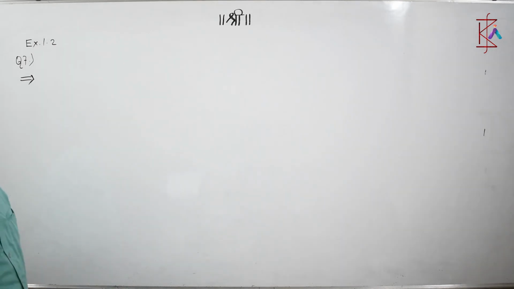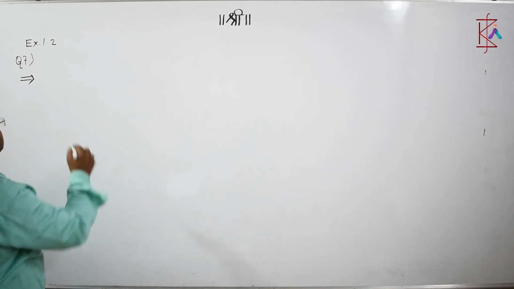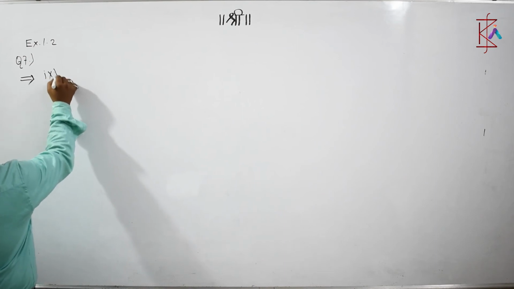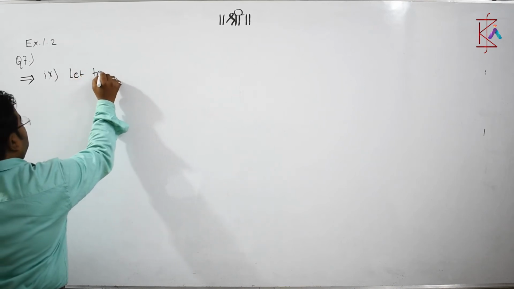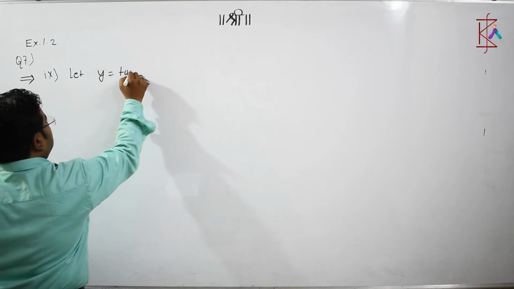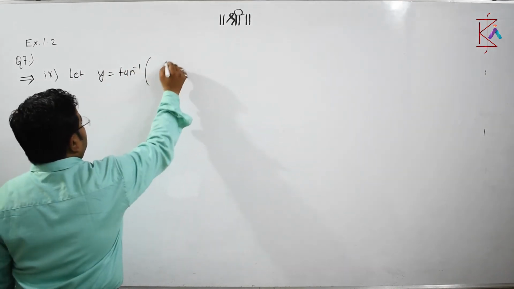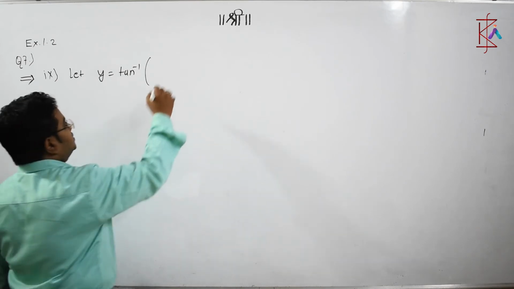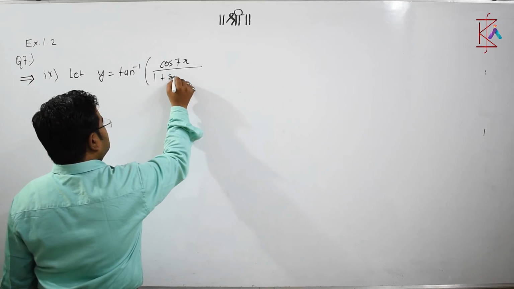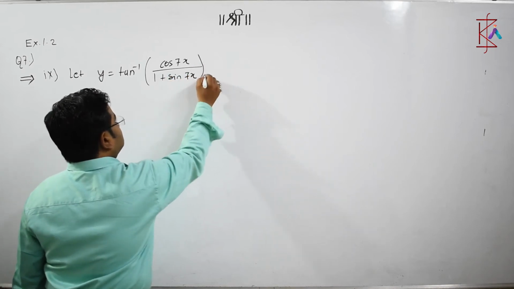Question number 9 is about tan inverse of cos 7x divided by 1 plus sin 7x.